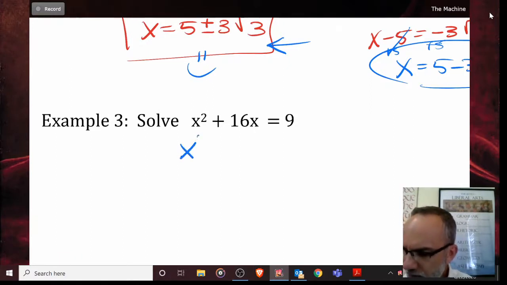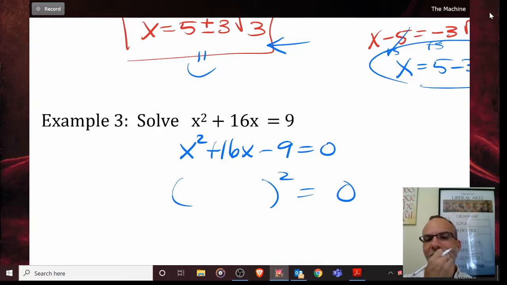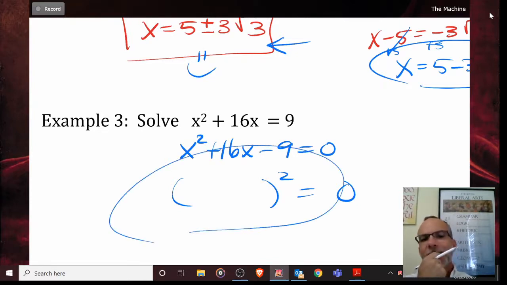If I did x squared plus 16x minus 9 is equal to 0, can I factor that down into a perfect square, something equals 0? No, I can't. How could I make it a perfect square? Because I need it to be something squared.